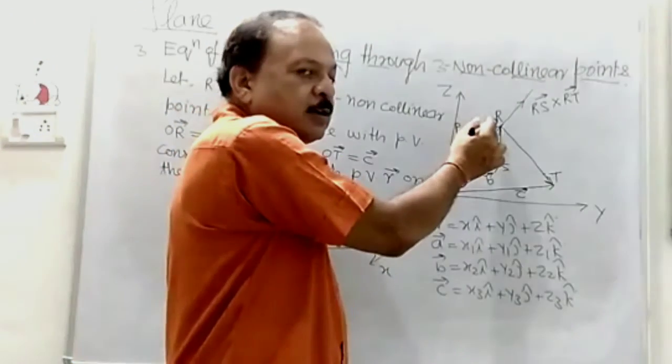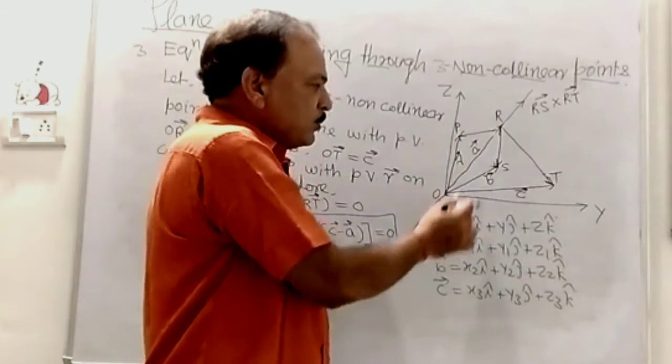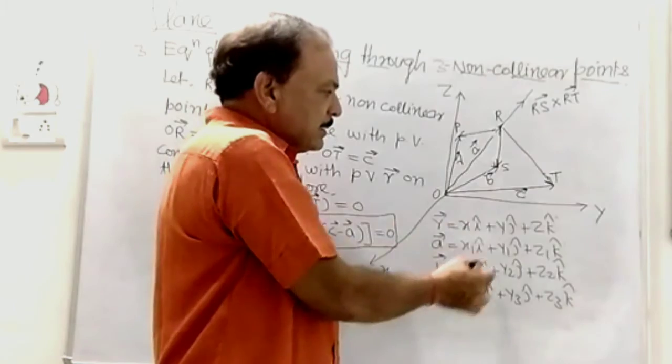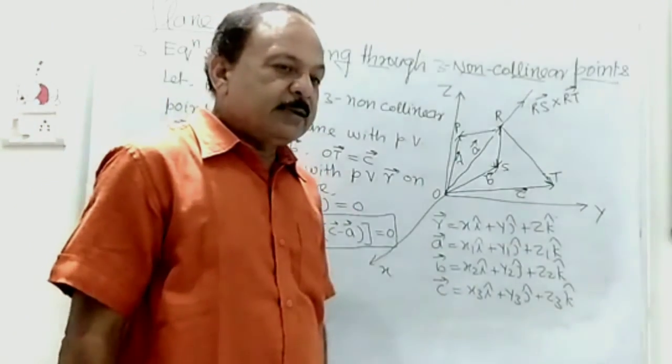Position vector of R is given x1, y1, z1. S is given x2, y2, z2. And C is given x3, y3 and z3.